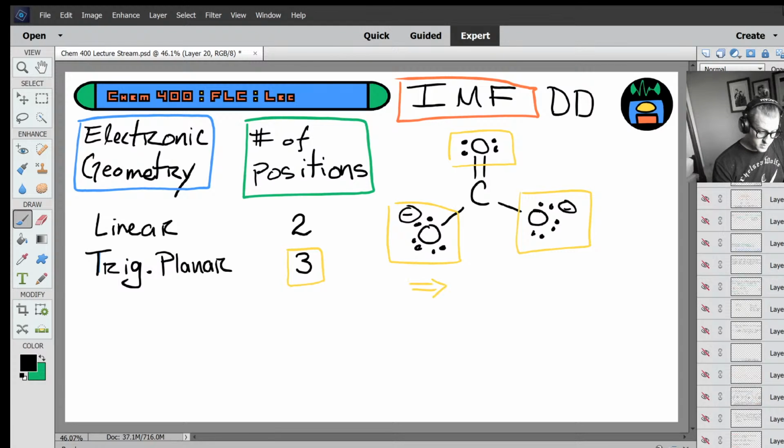This molecule is nonpolar. All right, that molecule is nonpolar. Let's compare it to another trigonal planar molecule. Let's take a look at formaldehyde.